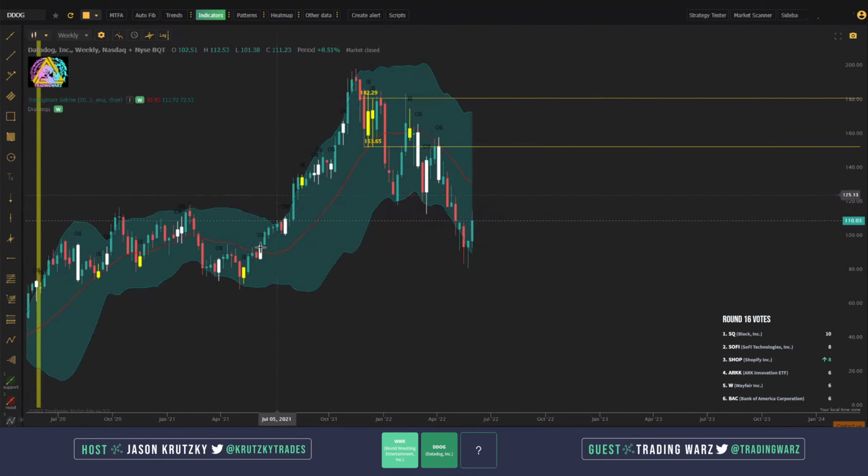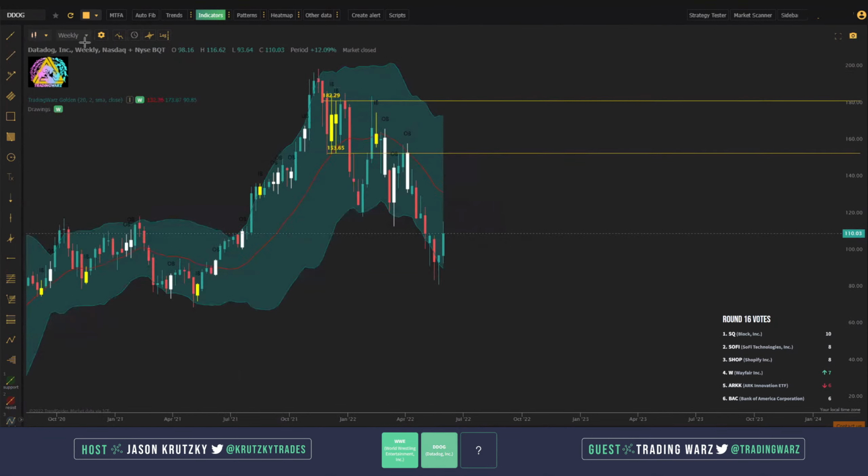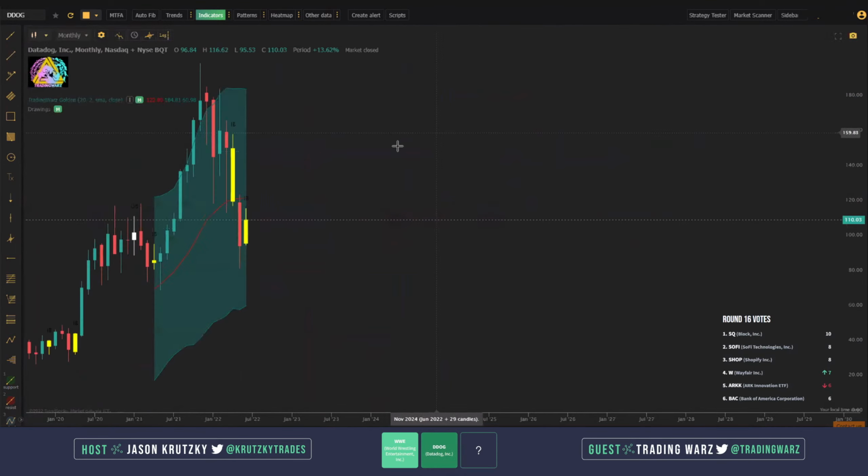Back in the day here with these weekly inside bars, we used to hammer them. Right now, I don't see anything on the weekly. Let's go to the monthly. That's still forming, but I love when we have a forming inside bar that's this big, because I treat this as a power play. What I mean by that is, if I look at this chart, DDOG right now is at 110.